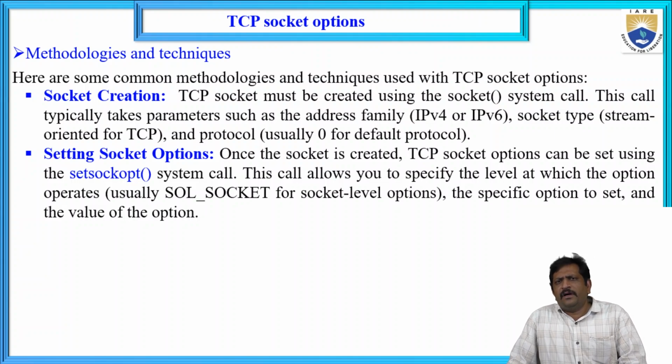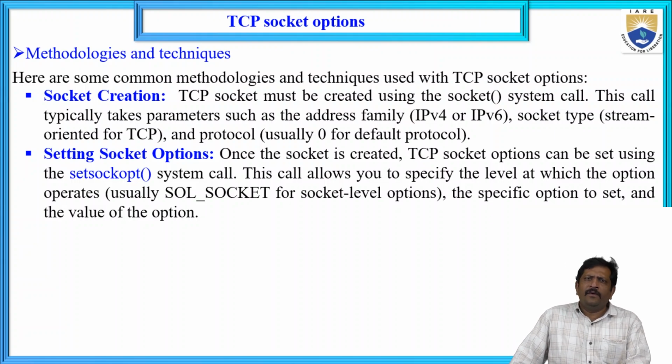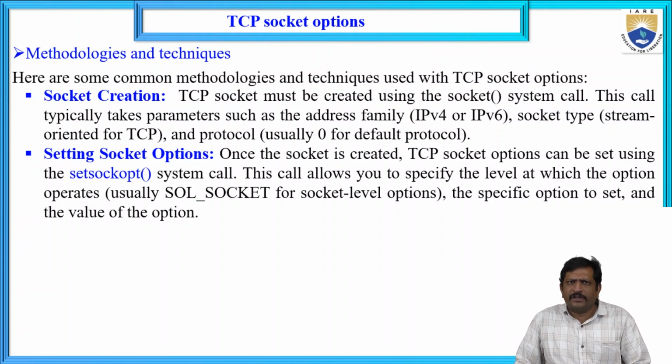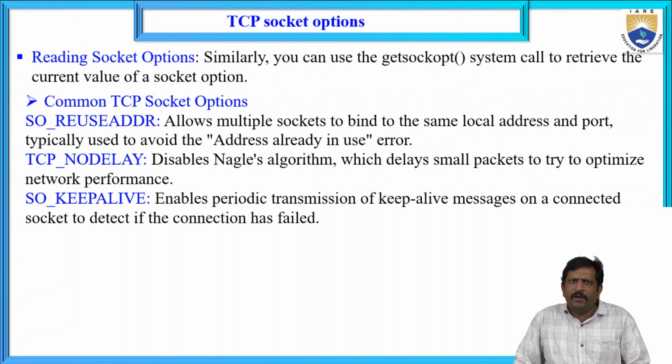Usually these are socket level options, so that means low level, medium level, or so, specifying the option to set and the value of the option. This is about setting the socket options. And reading the socket options, similarly, you can use the getsockopt system call to retrieve the current value of a socket option.